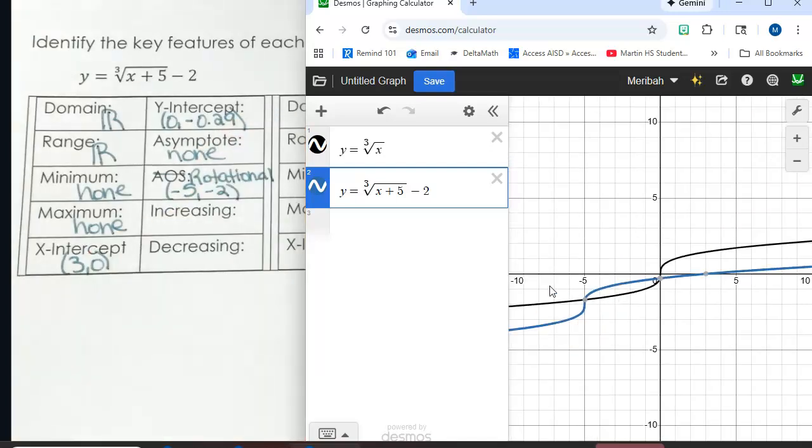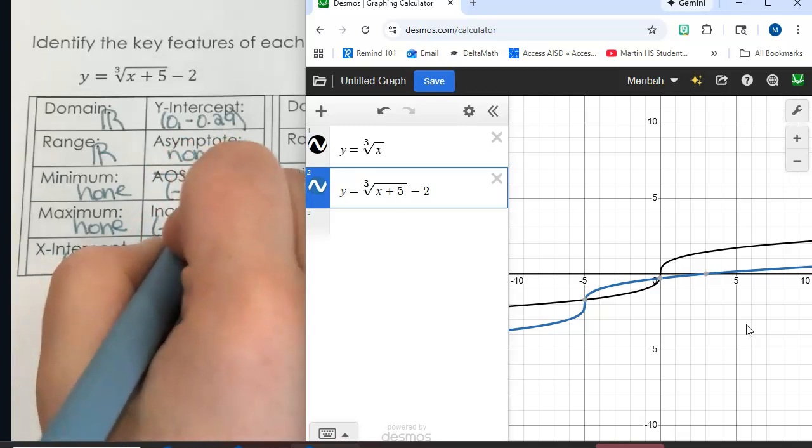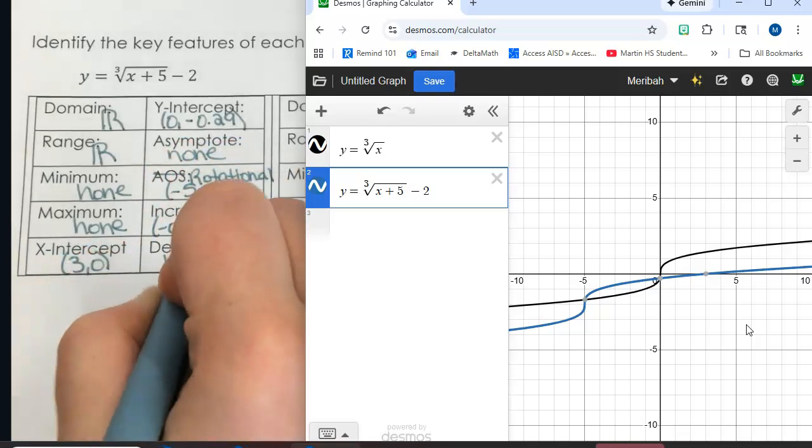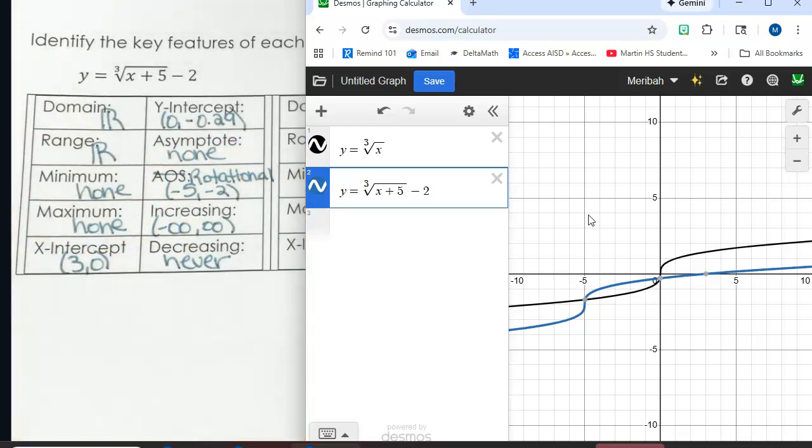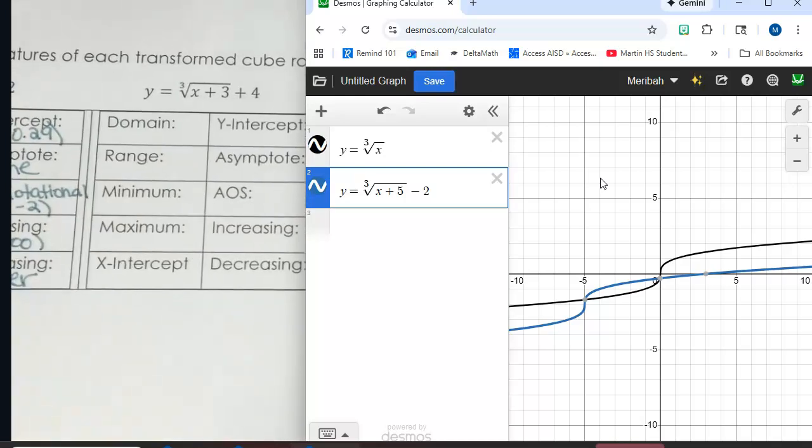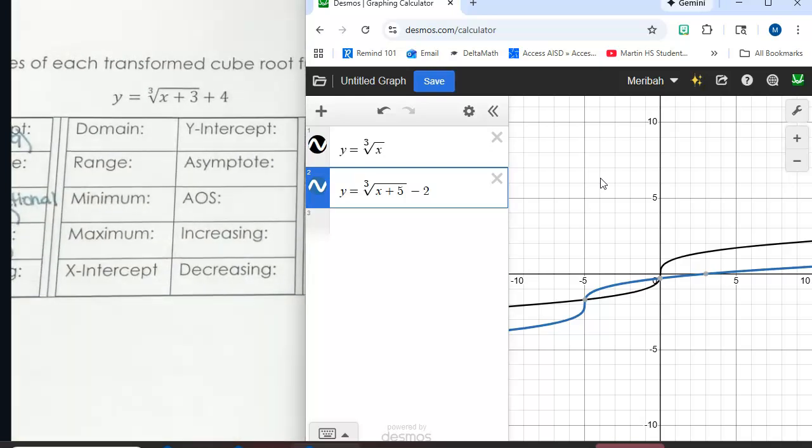And then this graph is increasing as I go from left to right, and it never switches to decreasing. Okay, looking at our next one, I'm going to throw in there x plus 3 and x plus 4. So we can see where this one has shifted now.